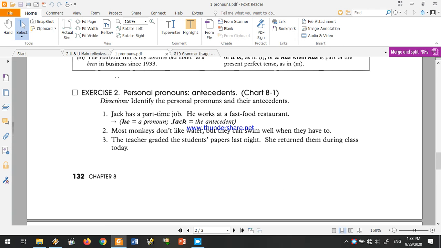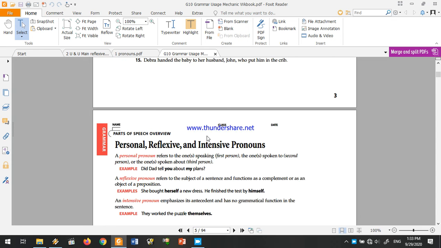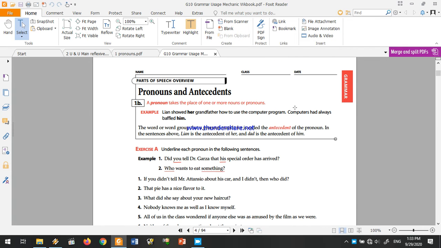Today we also talked about pronouns and their antecedents. The antecedent of a pronoun is the word that the pronoun is used to refer to. So if I'm saying, yesterday I met Omar.